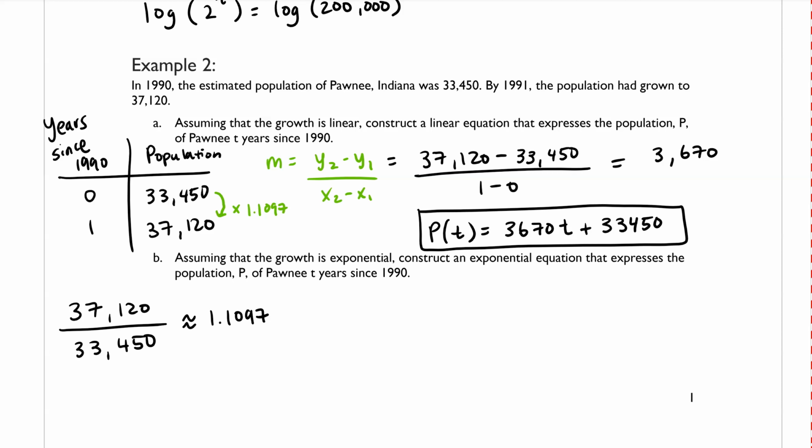And if I wanted the population for the following year, I would go ahead and multiply by that same number again. So if I am creating my exponential function, then we would have our starting value, which was 33,450, times 1.1097 to the t power.